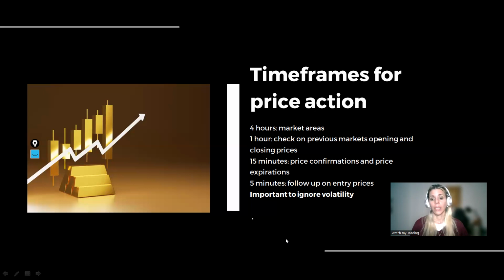Okay, so dealing with volatility is very important. You have to focus on the price that you have the entry, and understanding the fluctuation of the price around your price confirmation is totally okay, totally normal. And you should not get caught in a stop loss situation every time.